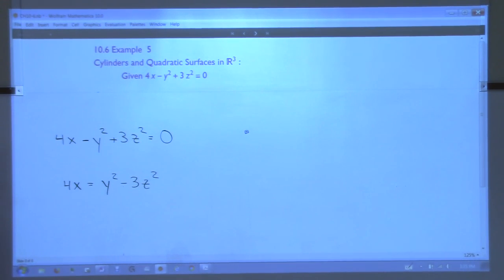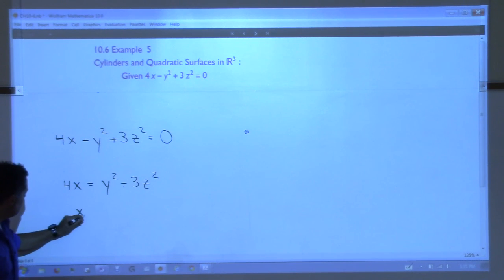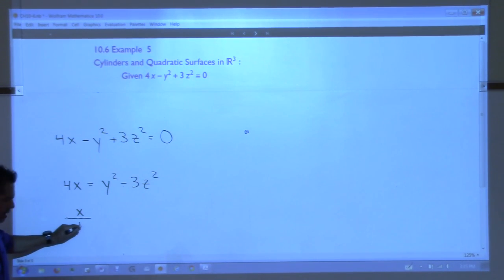We just need to make it look like this form. So I could rewrite this as x over 1/4, that would be like our z over c in the formula.